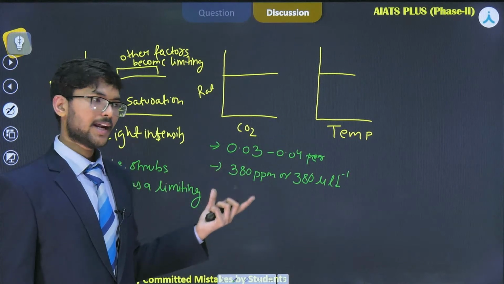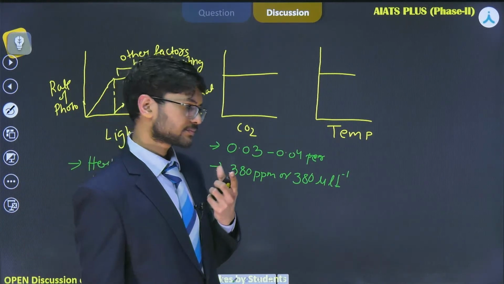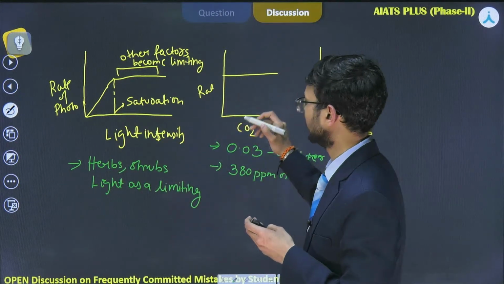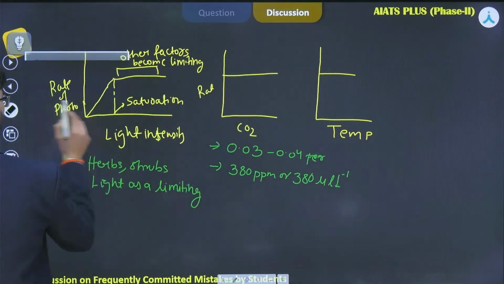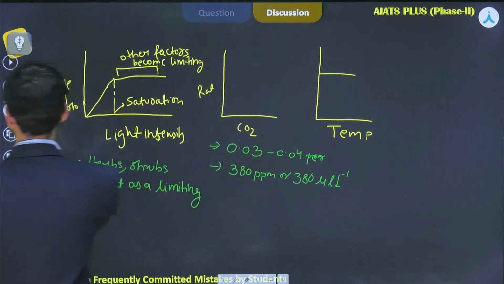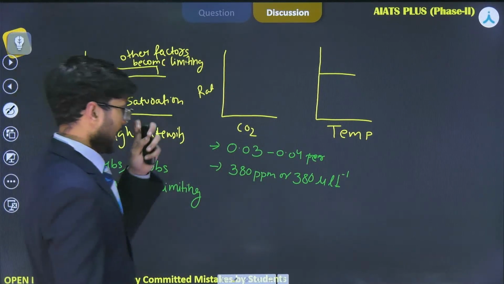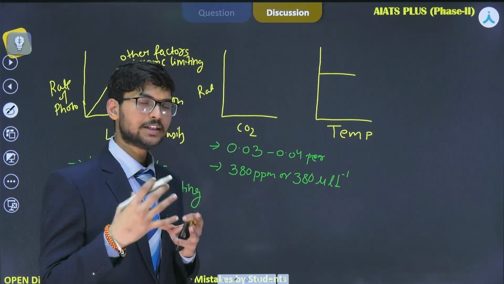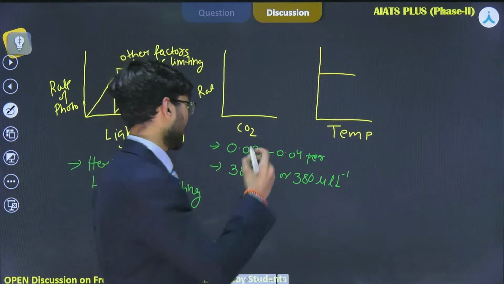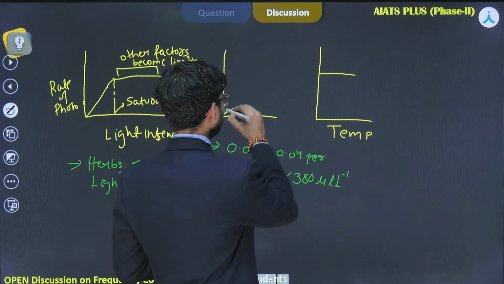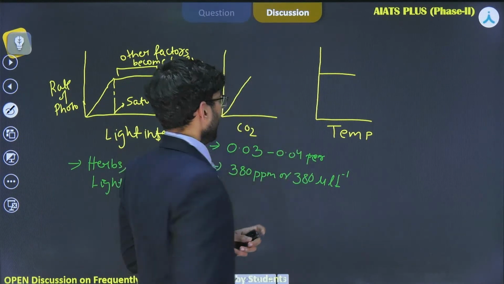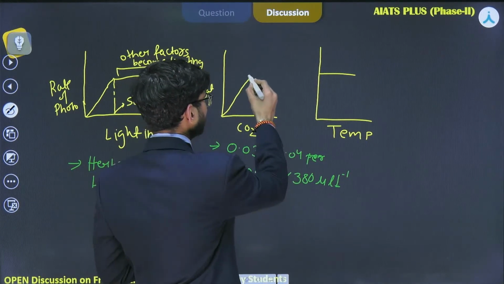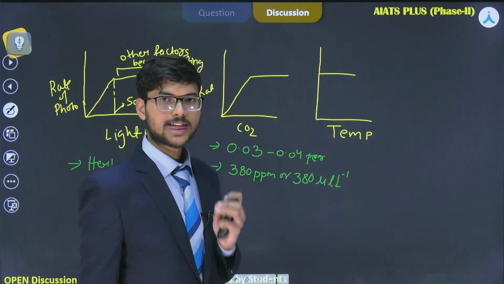Okay, so there are certain plants which have different carbon dioxide saturation points. Here in this graph, you will find that as the concentration of carbon dioxide in C3 plants is increased, at a certain point saturation will occur, and now the carbon dioxide is saturated.